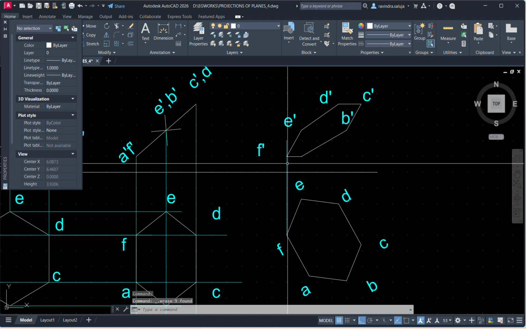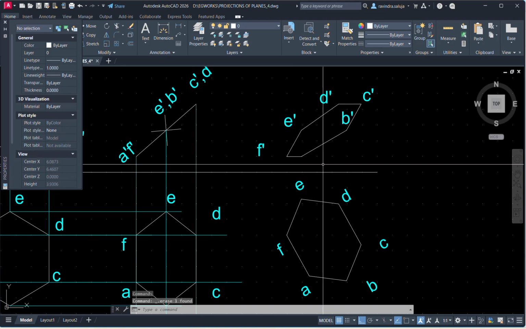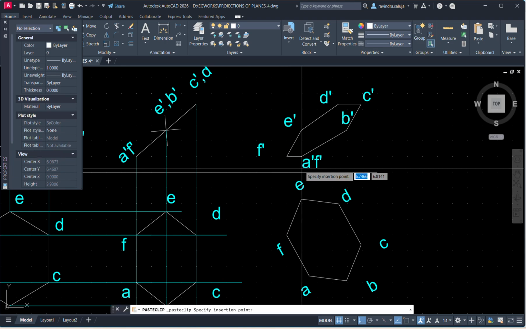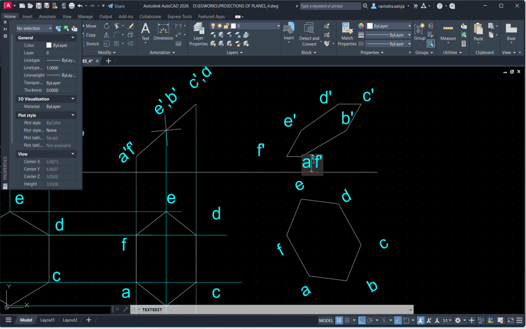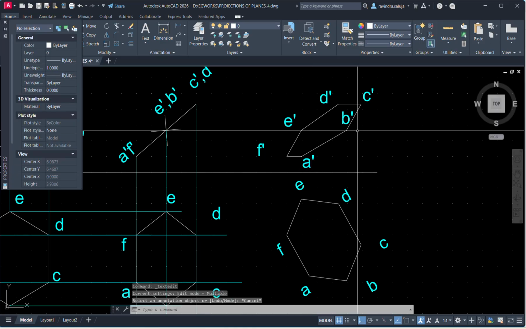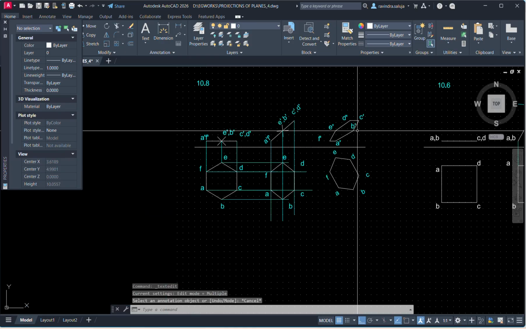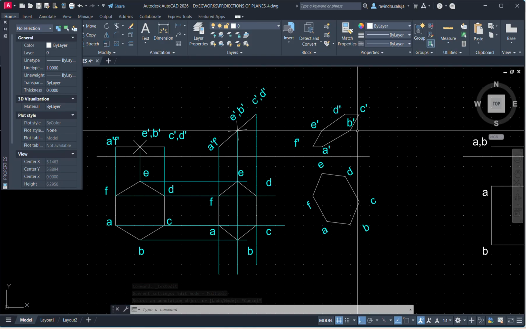Okay. So this will look a bit better. So that's 10.8. Clear?